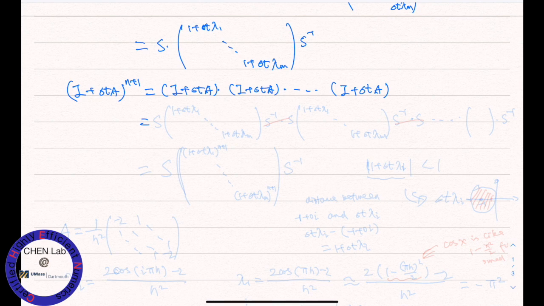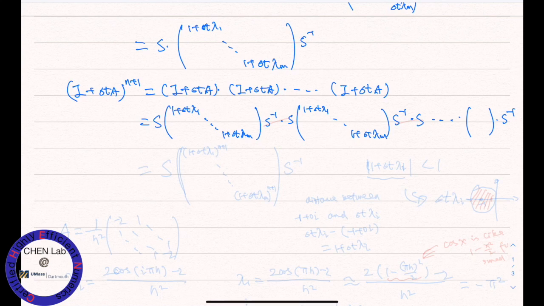So this is going to be S times that diagonal matrix with 1 plus delta T lambda 1 to 1 plus delta T lambda m. That's my first I plus delta T A. Then I have my second one, which is S, the diagonal matrix, S inverse. And then another S, and so on and so forth. In the very end, you're going to get a matrix, and then you have S inverse.